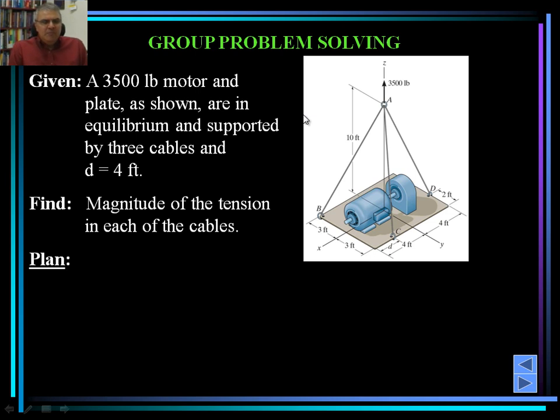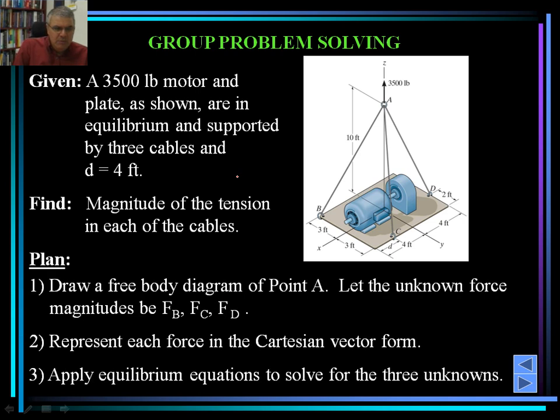So for this particular problem, a 3,500 pound motor and plate as shown are in equilibrium and supported by 3 cables, and distance d is 4 feet, the way it is shown here actually. Okay, so let's find the magnitude of the tension in each of the cables.